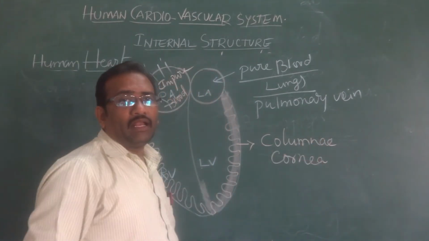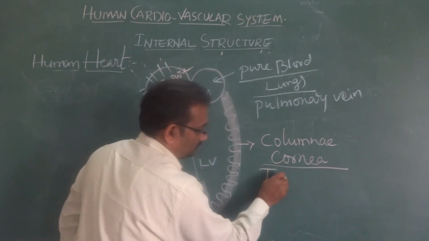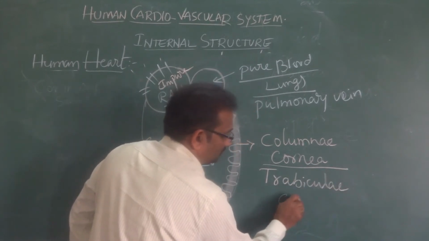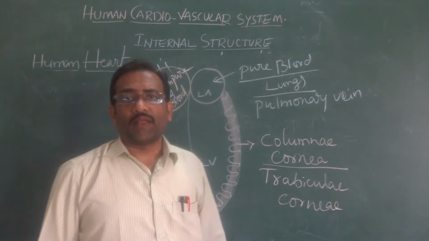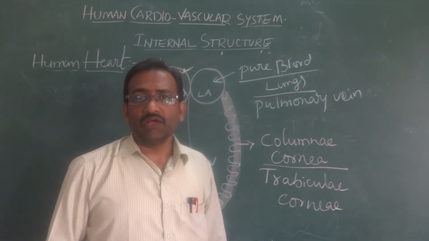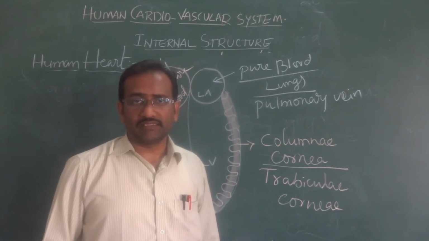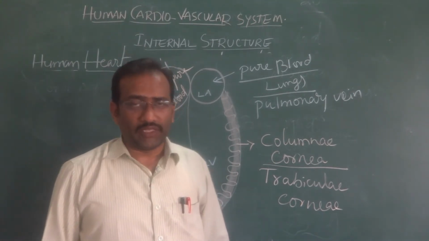Also called trabeculae corneae. The inner wall of the ventricles shows columns like ridges. These ridges are known as columnae corneae.